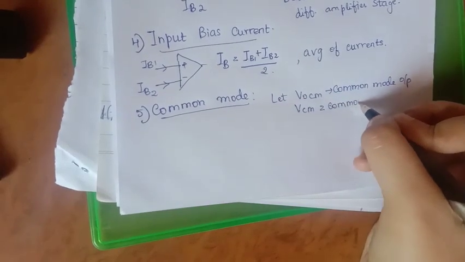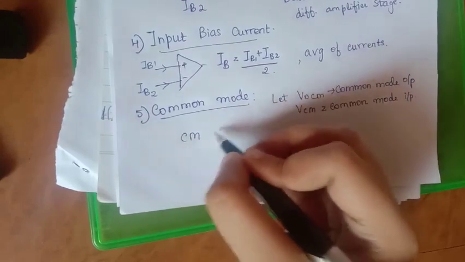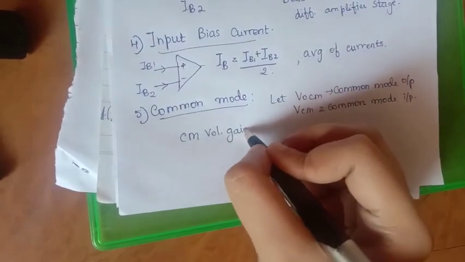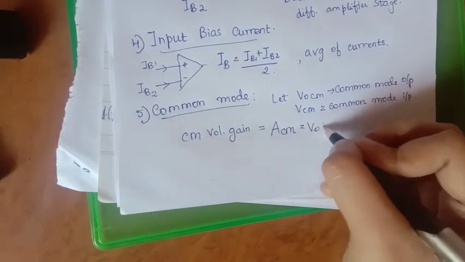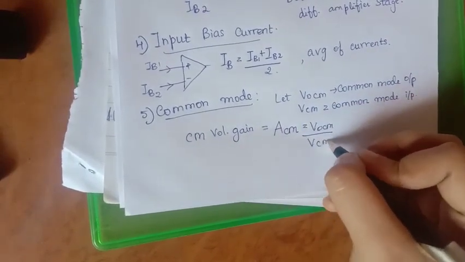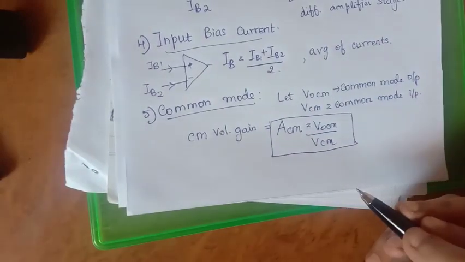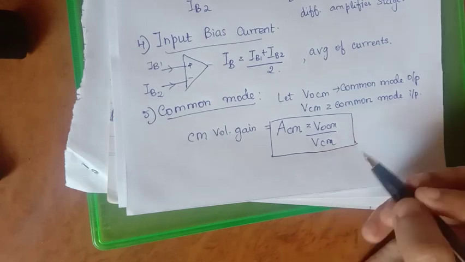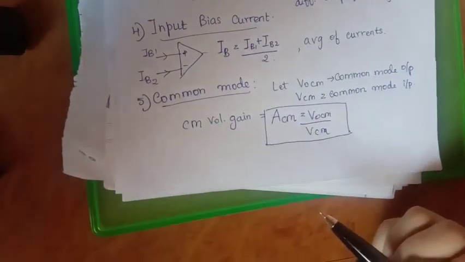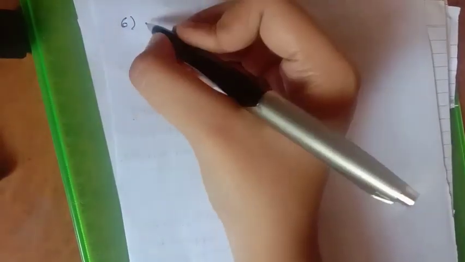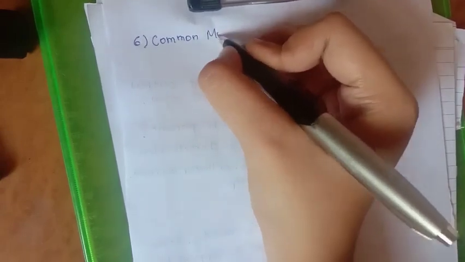Then the common mode voltage gain, represented as ACM, will be equal to VOCM divided by VCM, that is the common mode output by the common mode input. Ideally, an op-amp amplifies only the differential input voltage, but due to imperfection within the practical op-amp, some voltage will appear at the output.